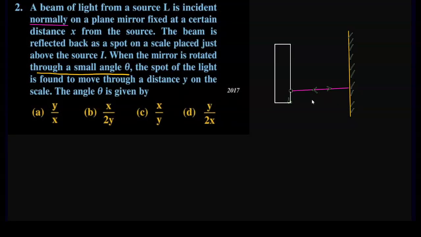So if I consider, this distance is given as x. Now we have tilted this mirror by some angle. Assume clockwise, we have tilted by some angle theta. Now you need to understand what happened to the reflected ray.